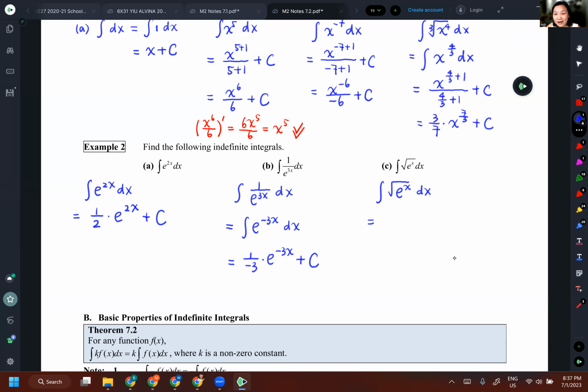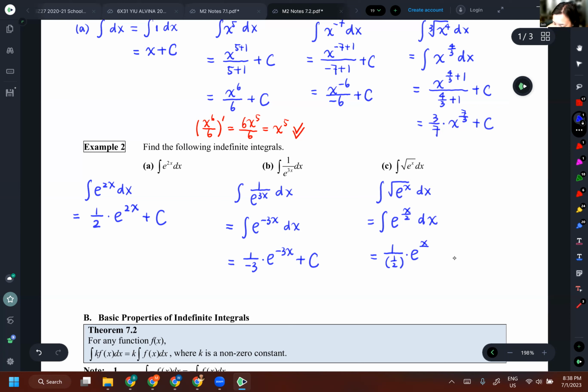We don't deal with radical sign, so change the radical sign to index. And then we use formula E. This time it's 1 over 2, e to the power x over 2. And the outcome is 2e^(x over 2) plus c.